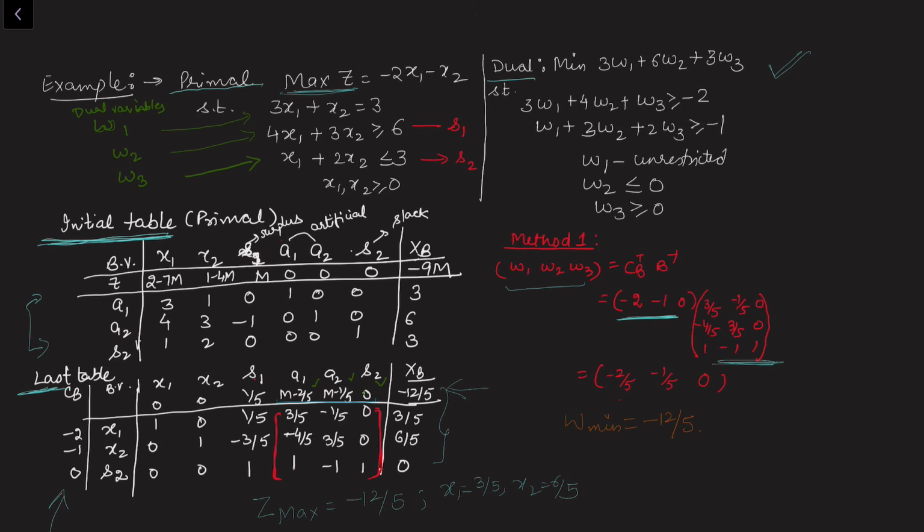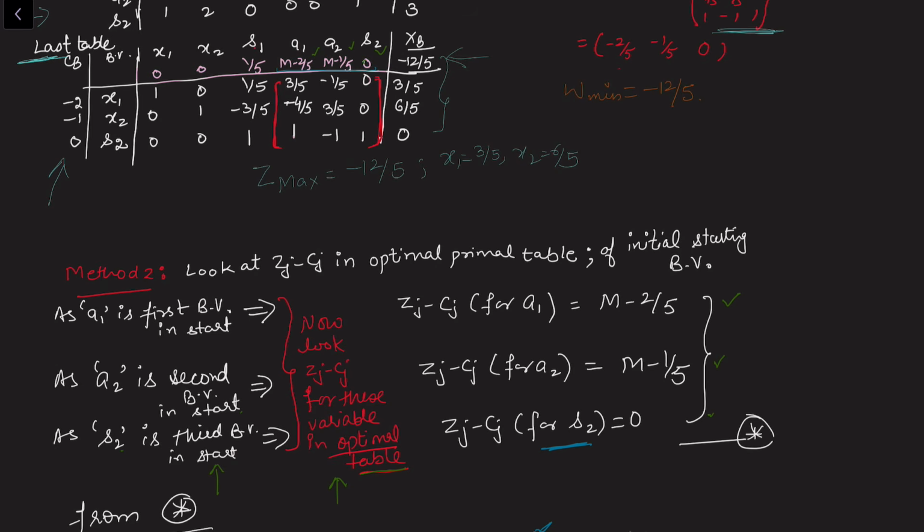Now, in this video we want to focus on method 2, since we want to know the direct reading way from the simplex table. This is the last optimal simplex table and this is the Z row. In the Z row, I should be able to get the dual variable. So in method 2, look at Zj minus Cj of the optimal primal table. A1 was the first starting basic variable, as we have kept these as the starting basic variables.